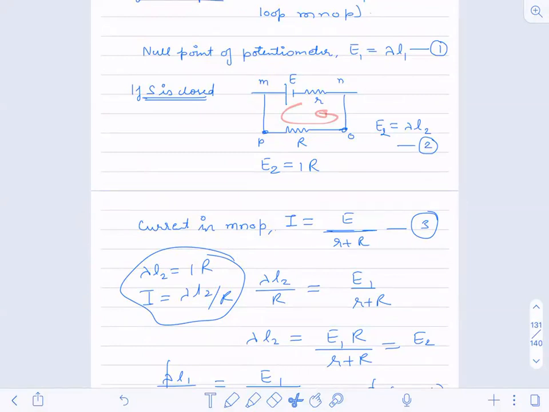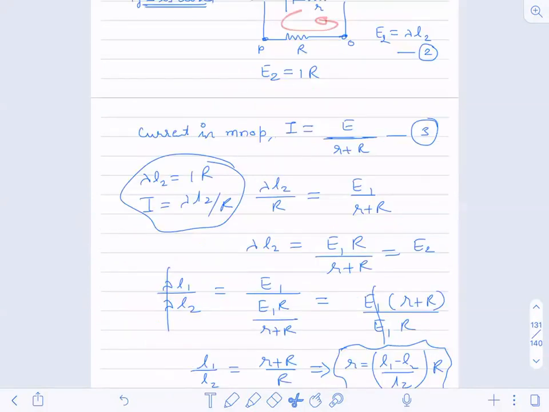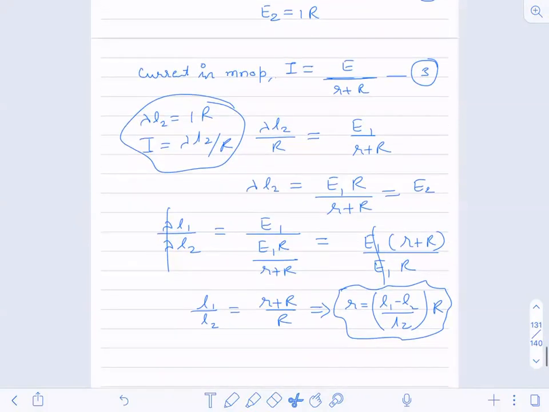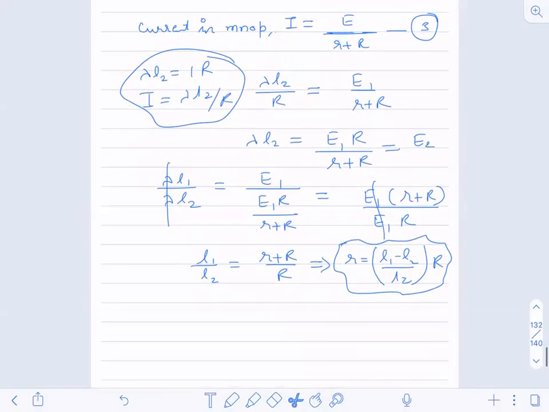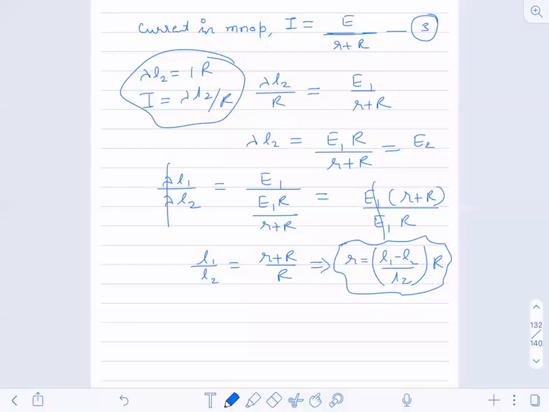When you rearrange everything and take the ratio of lambda L1 by lambda L2, you finally get this value: the internal resistance r is L1 minus L2 divided by L2, into capital R. So this is the value of the internal resistance.